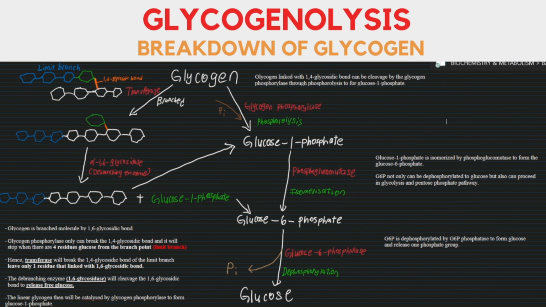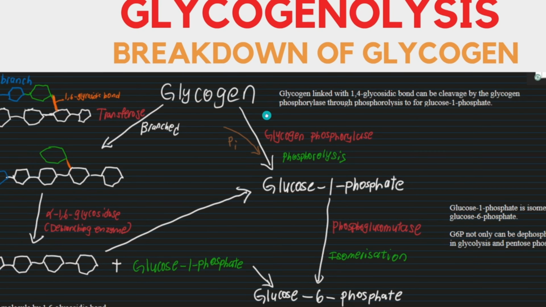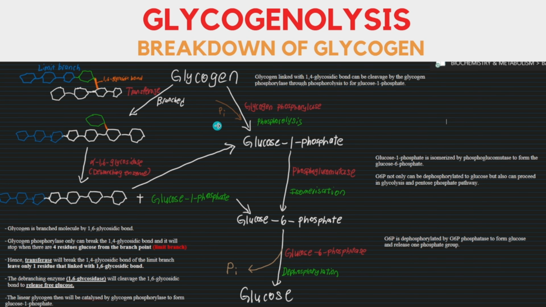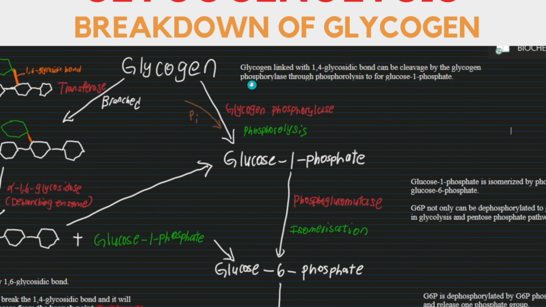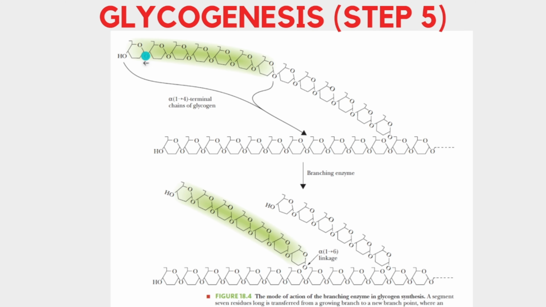So how does the glycogen break down into glucose? There are two main separate processes. Glycogen linked with the 1,4-glycosidic bond can be cleaved by glycogen phosphorylase to form glucose 1-phosphate directly, meaning it will cut down, and each of them will form glucose 1-phosphate.